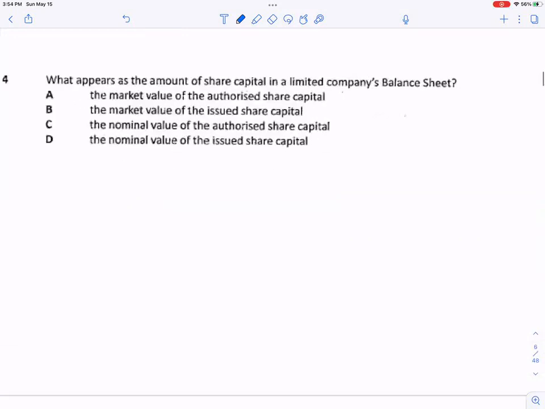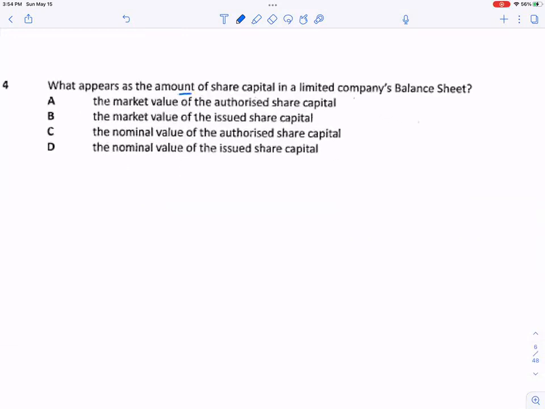What appears as the amount of share capital in a limited company's balance sheet? The nominal value of the issued share capital. D is the answer.